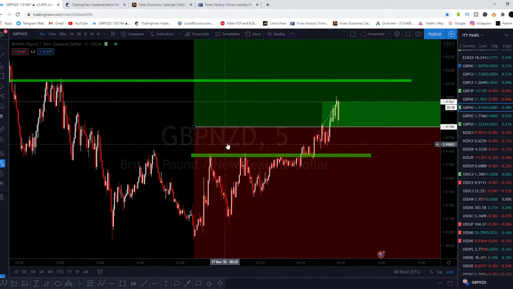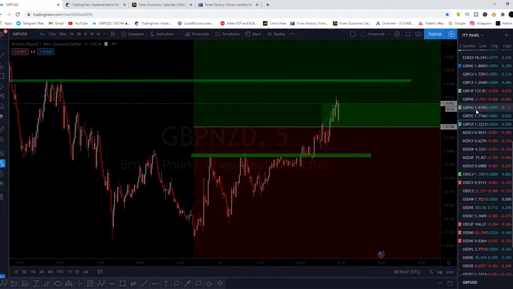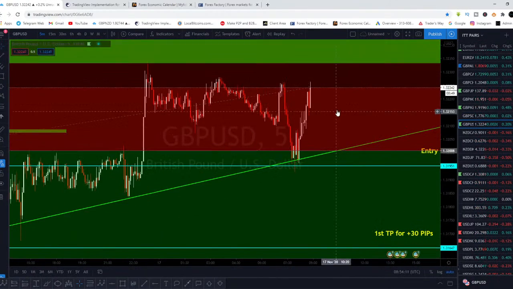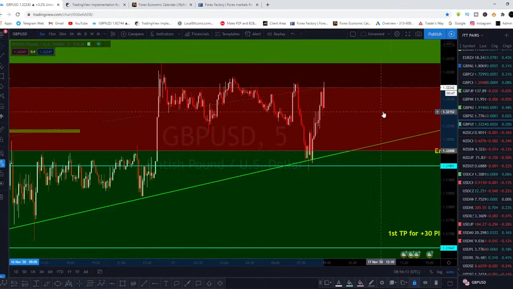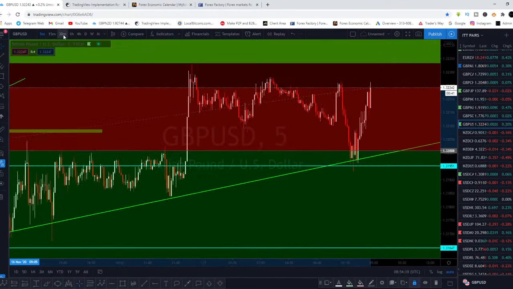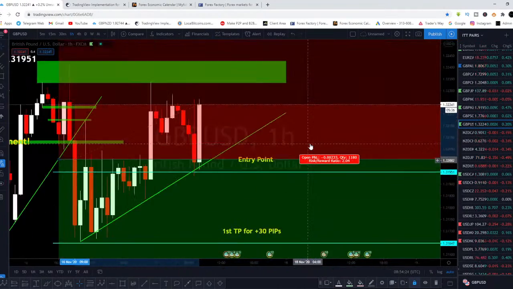But right now, it's pushing harder to the upside, man. Wow. I think GBPUSD is trying to just go up, man. It's trying to go up.